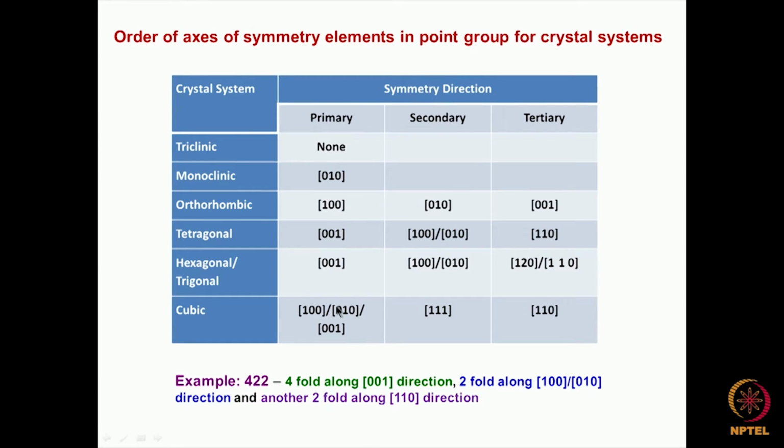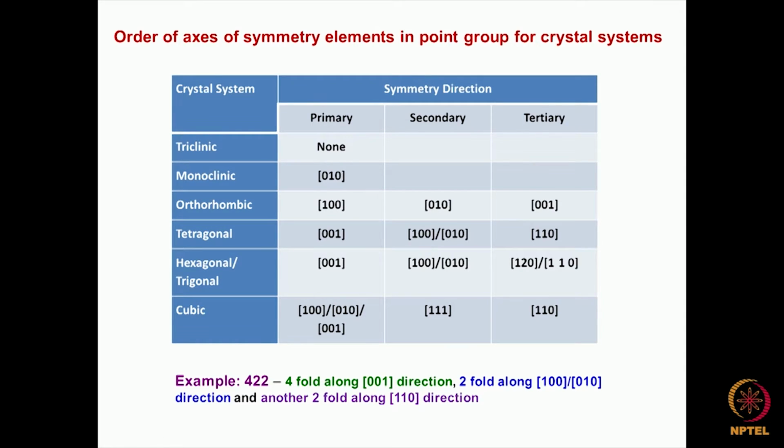Like cubic, if you see it again, the primary one represents the symmetry along the x, y or z axis, the second letter represents the symmetry along the 1 1 1 direction, and the third letter represents the symmetry along the 1 1 0 direction.